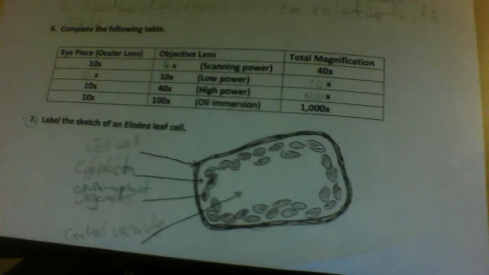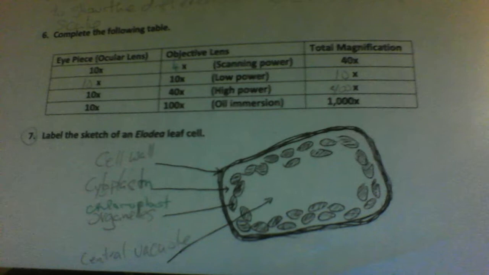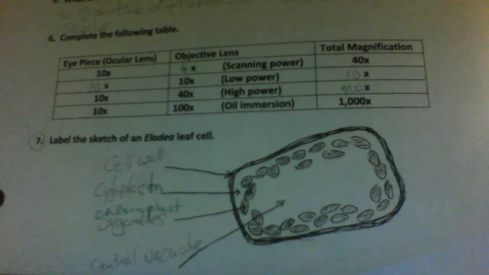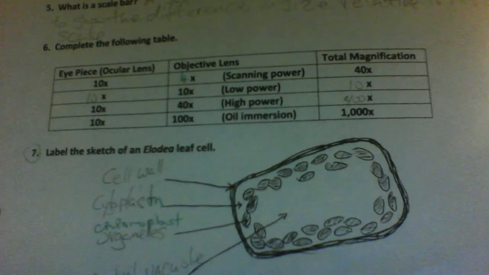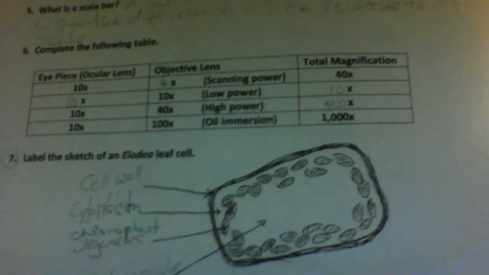We have the cell wall, the cytoplasm, the chloroplast, and the central vacuole. Obviously, I wrote organelles. That is incorrect, but if you can see that, that's how that works.